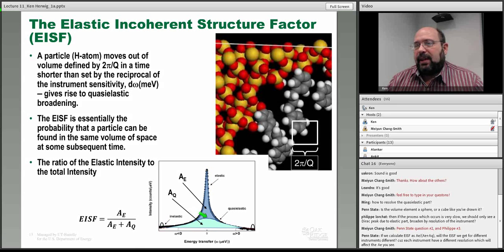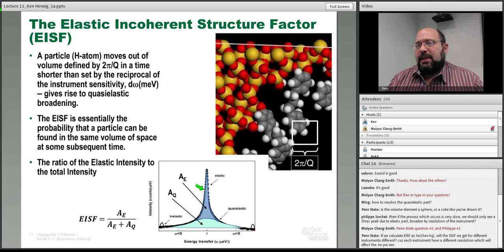It'll look like you're sitting at the peak of the Lorentzian, and all you'll see is a very, very broad rise in what appears to be the background. So you often need a combination of instruments to probe the full range of dynamics present in your sample.